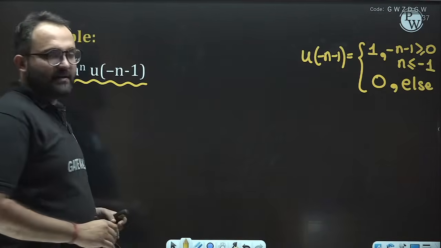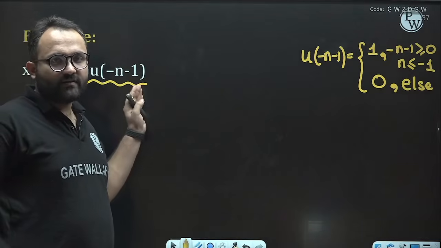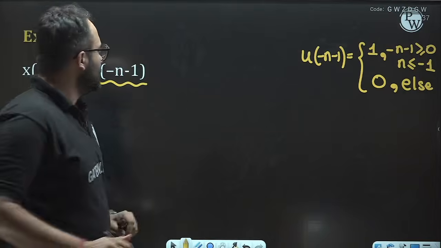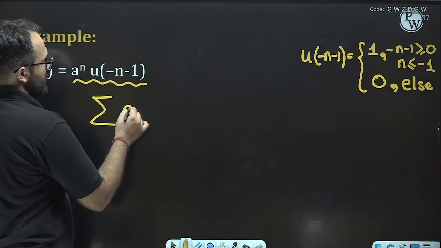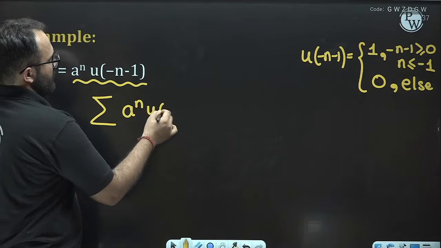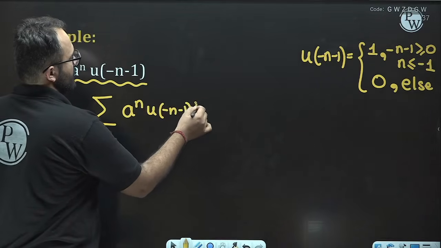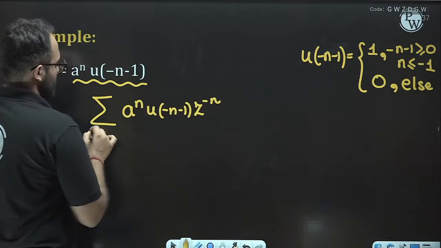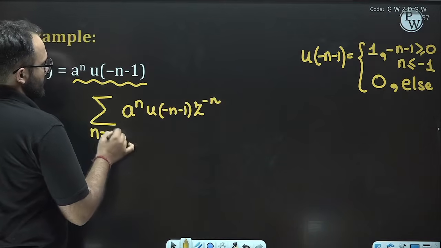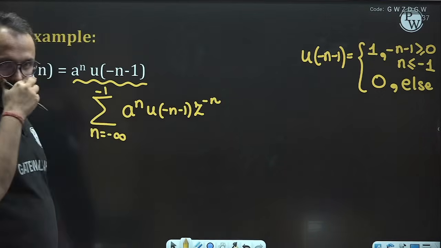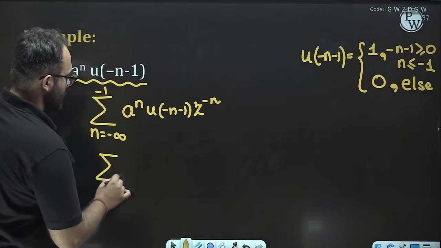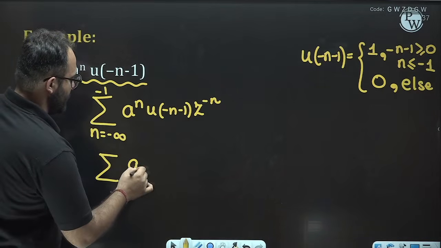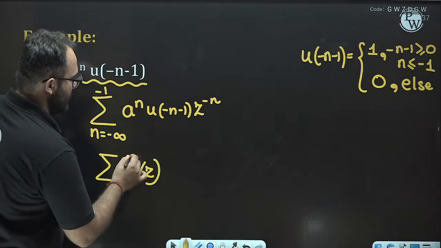So here we can see that this signal exists from minus infinity to minus 1. So the summation will be a to power n u of minus n minus 1 z to power minus n, with n from minus infinity to minus 1. Now this is a upon z to power n.